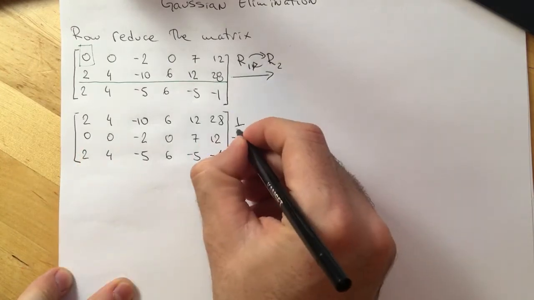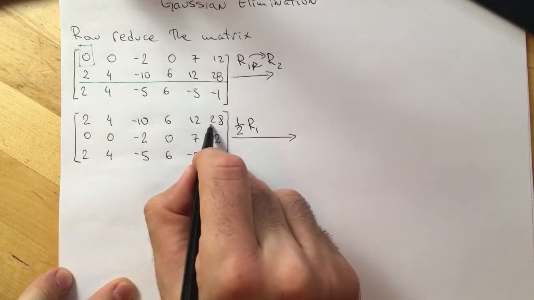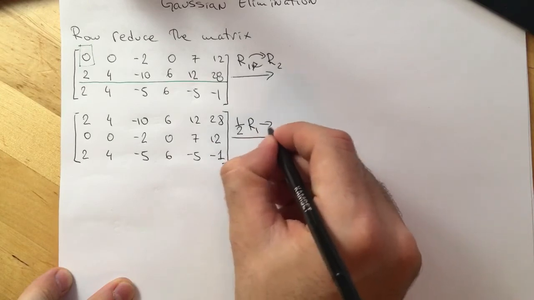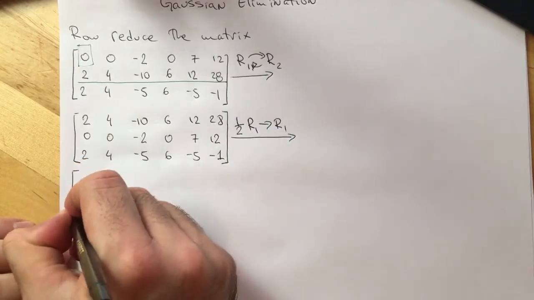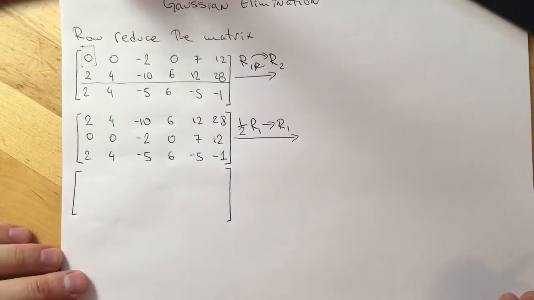So here I say my new row 1 is our row 1 divided by 2. Now, as you can see, we are obtaining that leading 1 that we needed.